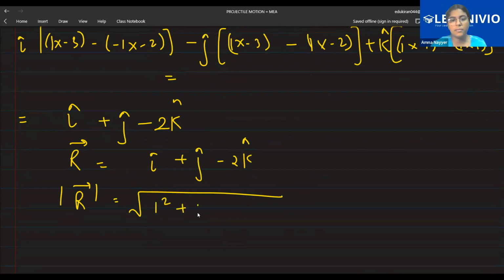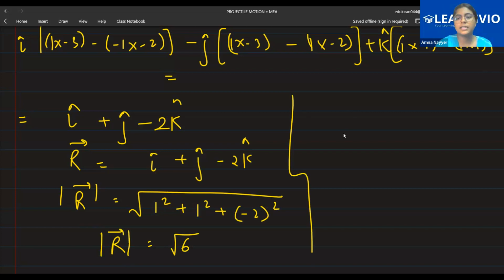So 1 square plus 1 square plus minus 2 whole square. This is equal to 1 plus 1, 2. 2 plus 4, 6. Root 6. Okay.